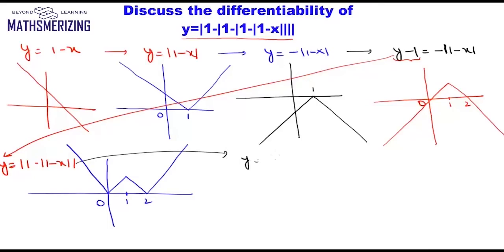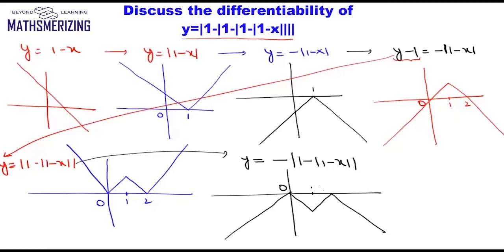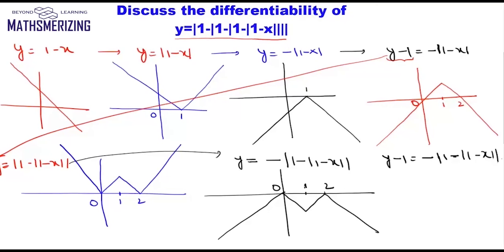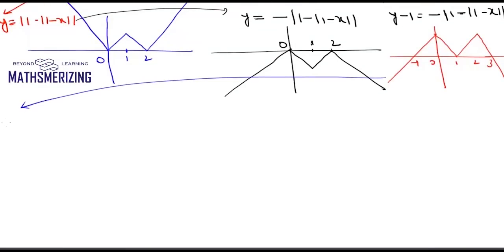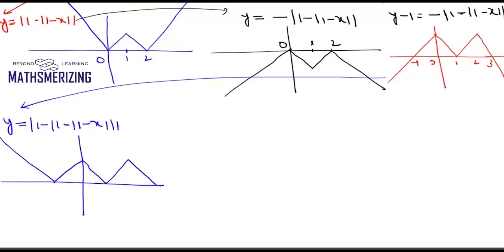Now again I'll take the transformation. Then again I'll shift it. Now again from here, y equals mod of 1 minus mod of 1 minus mod of 1 minus x. So minus 1, 0, 1, 2 and 3.